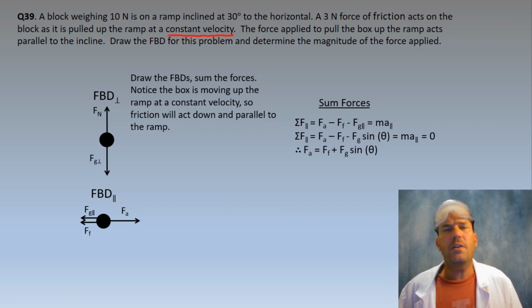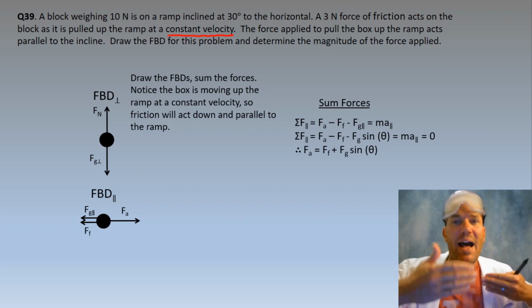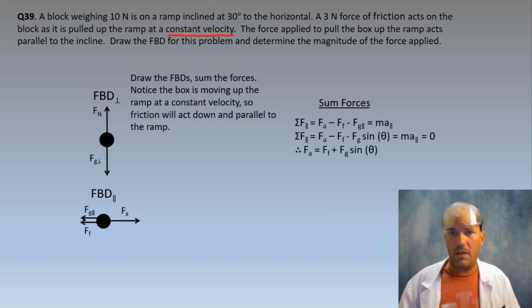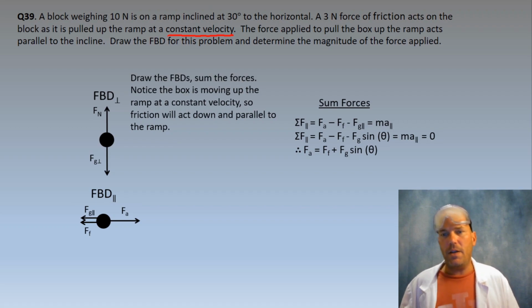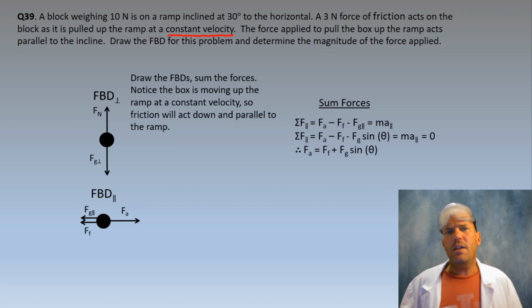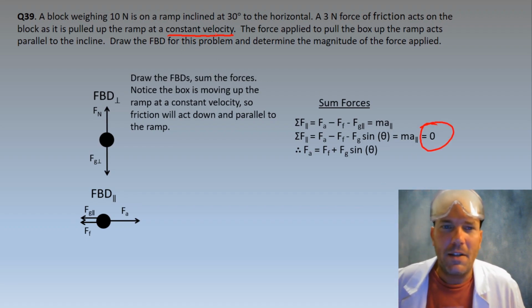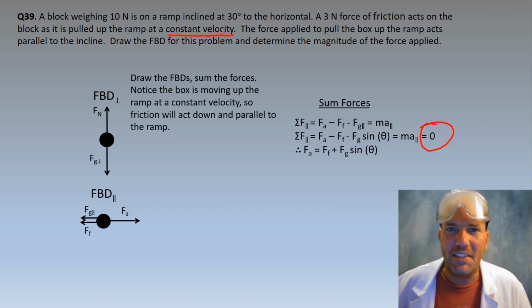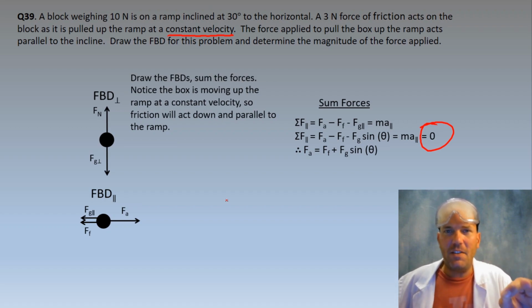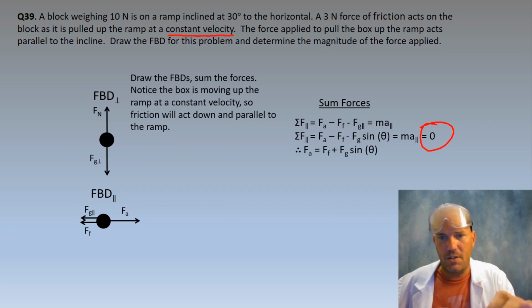Summing the forces in the parallel direction, we get the force applied minus the force of friction minus the force of gravity parallel equals mass times acceleration parallel, where there is 0 acceleration parallel. How do we know that? Because we are told explicitly there is a constant velocity, there is no change in velocity, and thus there is no acceleration.